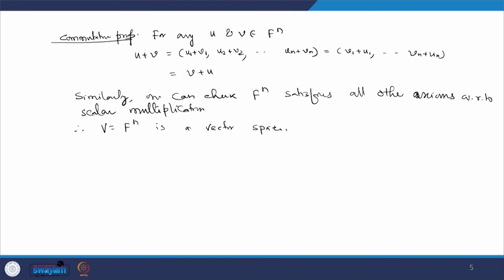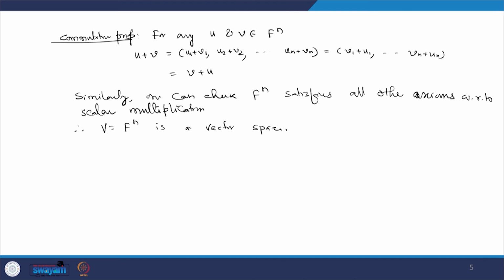Now, if I consider n equal to 1, then we have V equal to basically F. So, here the set of vectors is capital F and the set of scalars is also capital F. So, you can say that we can prove in the same way that F over F will also be a vector space. Let me consider F equal to, say, complex numbers.